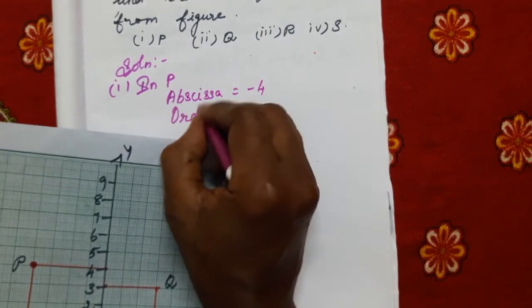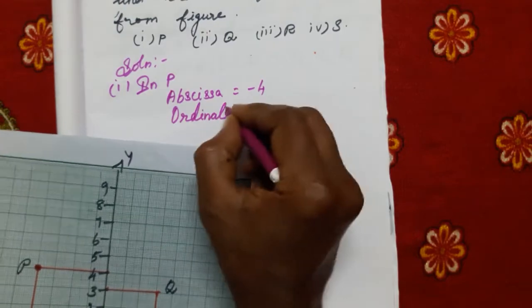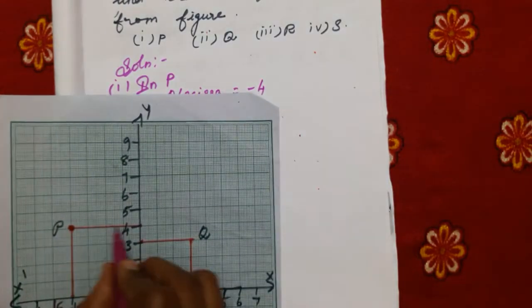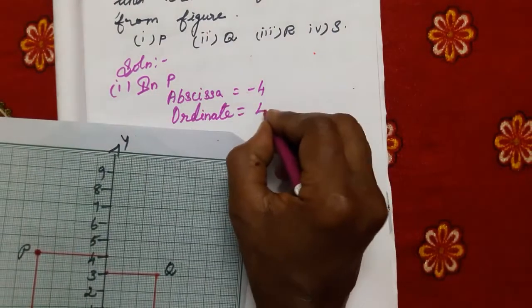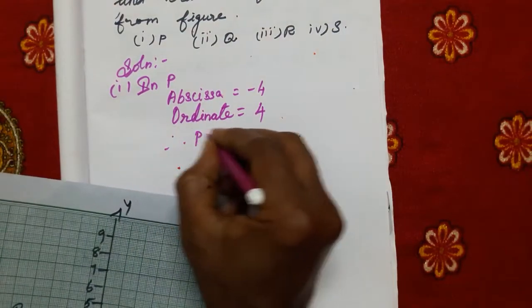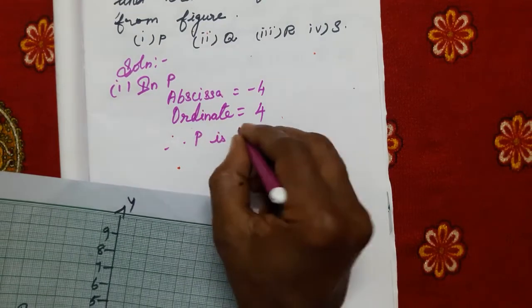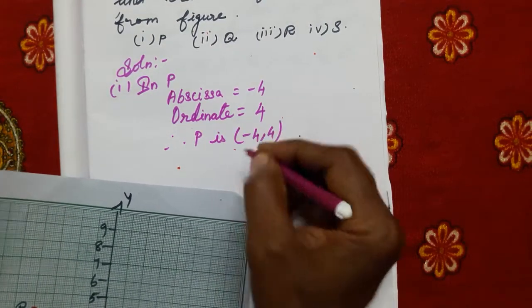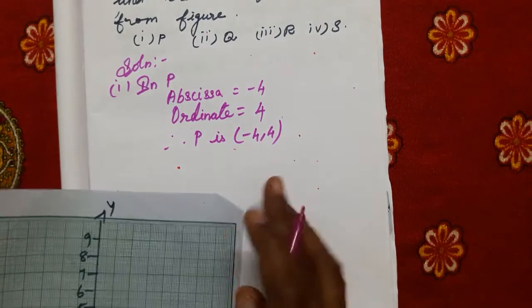Ordinate is equal to the y coordinate, which is 4. So ordinate is equal to 4. Therefore, the point P is minus 4, comma 4.